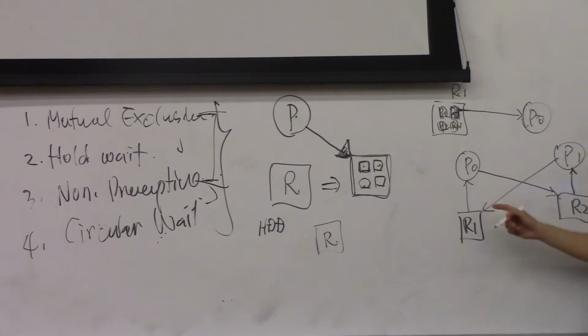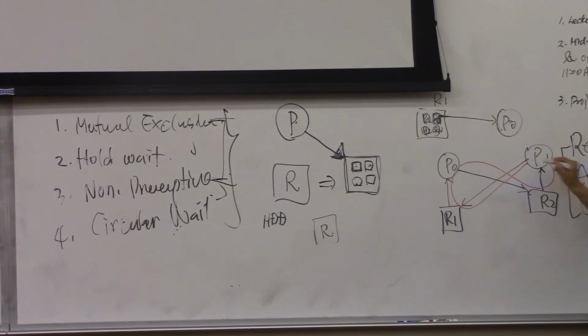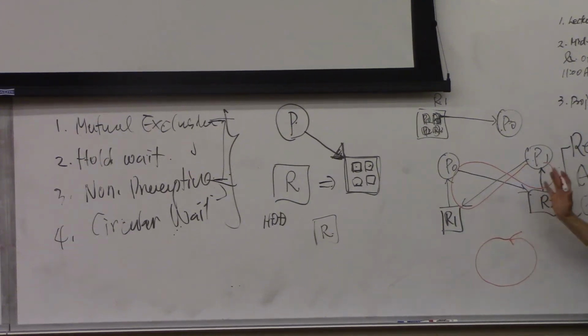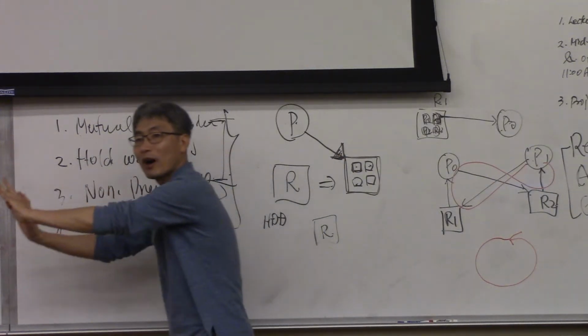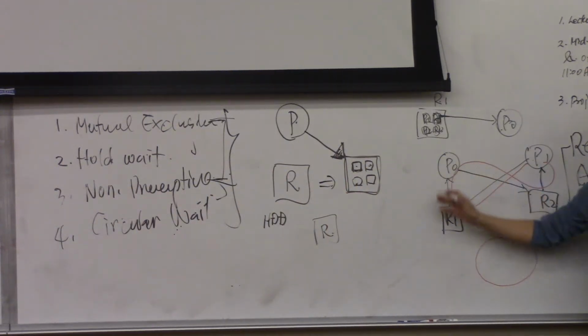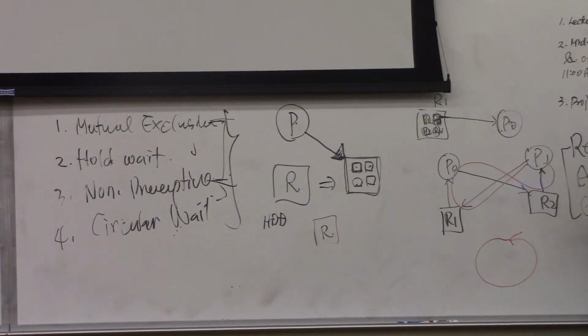Whether this graph has, if you twist it, a circle. Whether there exists a circle or not. So the deadlock problem is right now converted to the what? Whether we can find a circle from a graph or not.